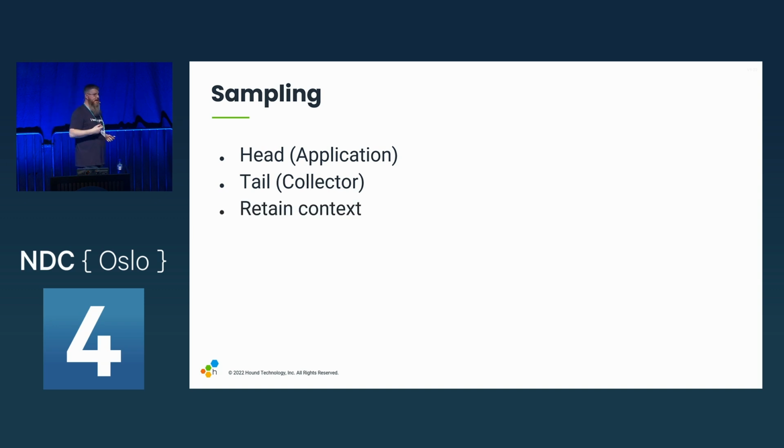It's how we retain full context of individual requests without overloading our backends. So it allows us to reduce our storage costs, means that we don't end up paying, I don't know, £65 million a year. Just throwing that number out there, no apparent reason.